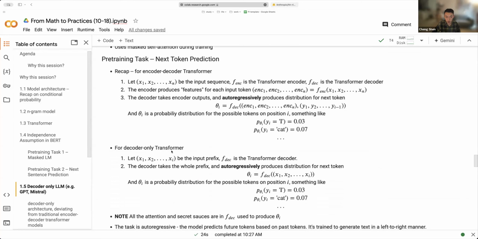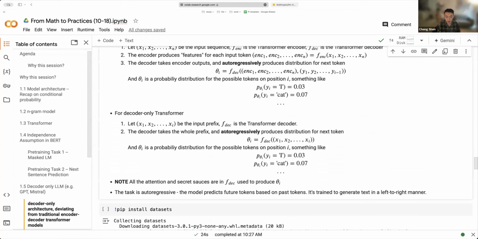But the decoder-only transformer model sees the whole prefix, and we don't produce a special encoding or embedding for the input sequence. Instead we leverage the decoder to use the attention mechanism to look at the prefix and produce the probability of the next token.